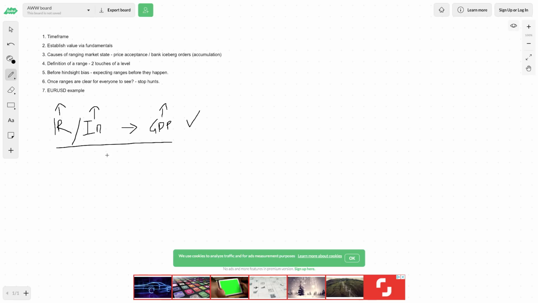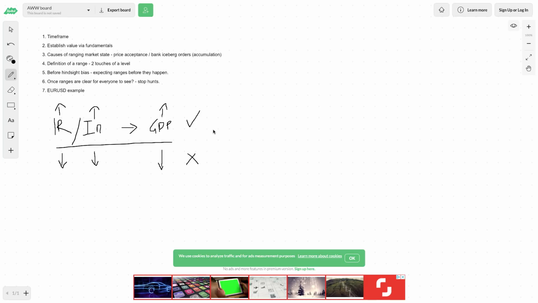That's one to buy. If you have falling inflation, therefore you're going to have interest rate cuts, and on top of that, GDP is falling. In fact, you should really look at GDP first and then the rest of that. But just as an overall picture, this is the one you want to be selling, right?